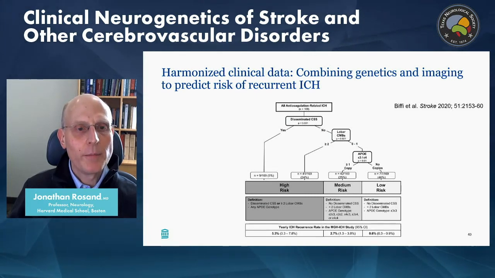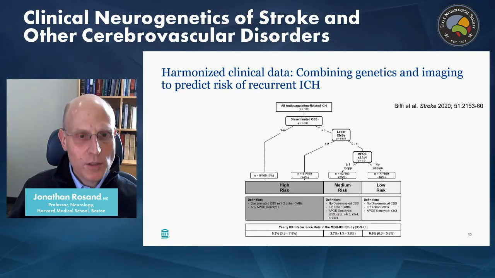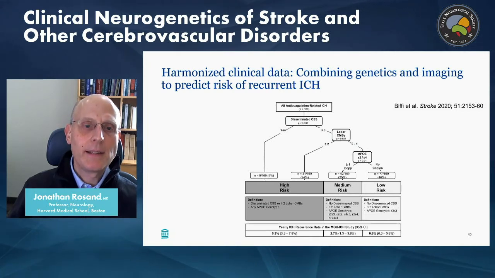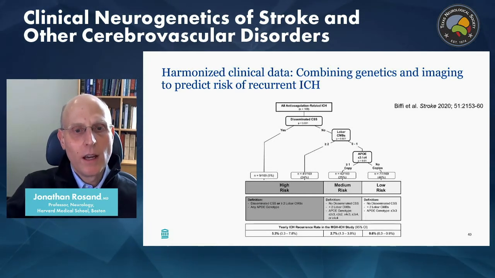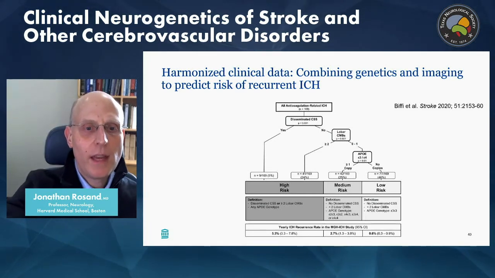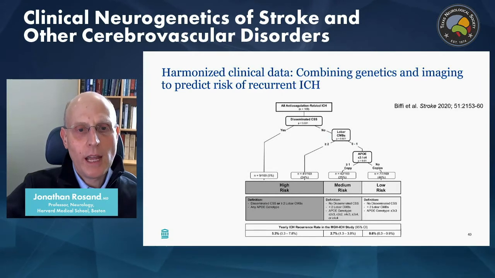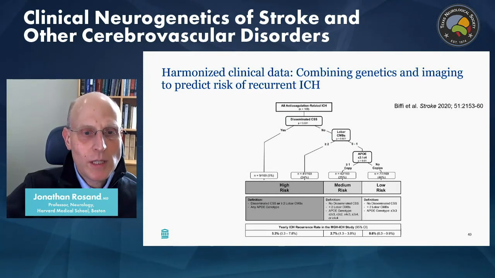In this case, CSS refers to cortical superficial siderosis, and then we added whether or not individuals had lobar microbleeds, and then threw in ApoE genotype. Using these data, we're able to classify individuals into 3 groups: high risk, medium risk, and low risk.